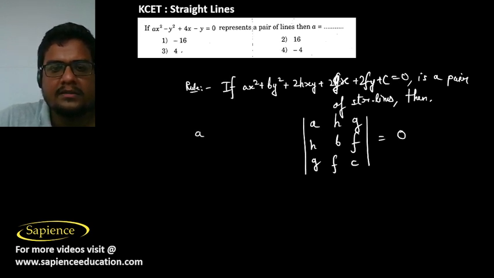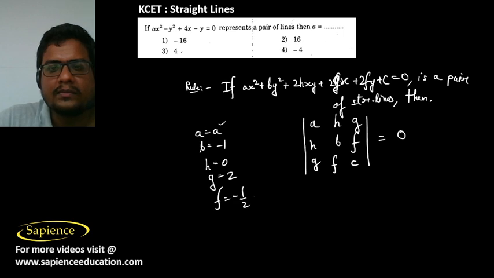Here a is a only, the coefficient of x square is a, b is the coefficient of y square, that is minus 1, and h is the coefficient of xy, which is 0 here. g is half of the coefficient of x, that is 2, and 2f is the coefficient of y, so f will be equal to minus 1 by 2, and c will be equal to 0 since there is no constant term.